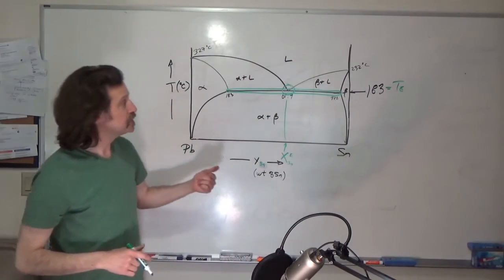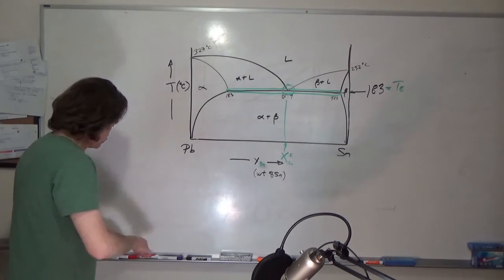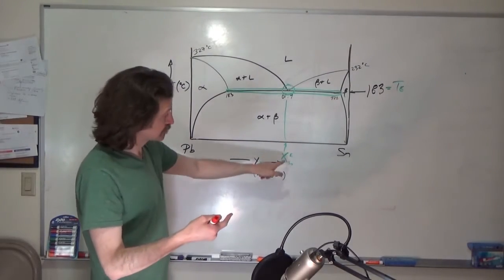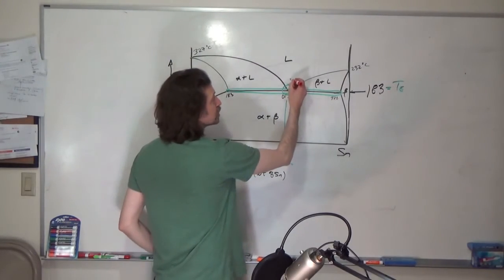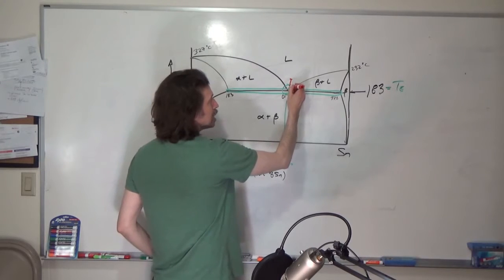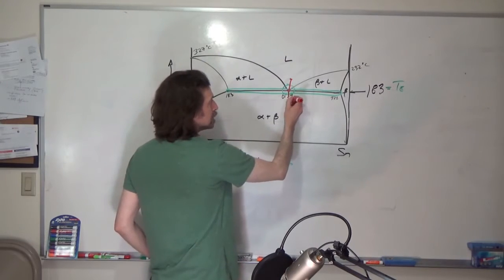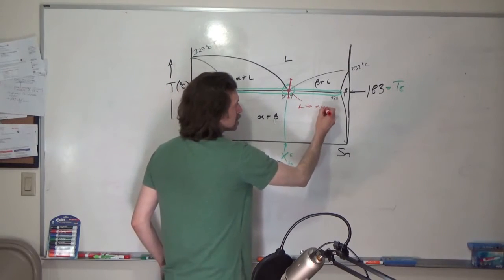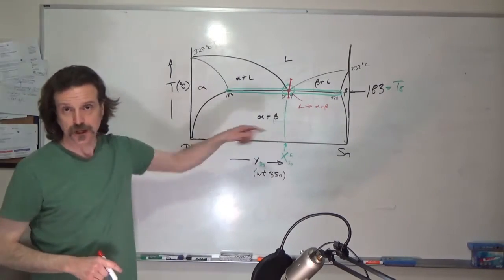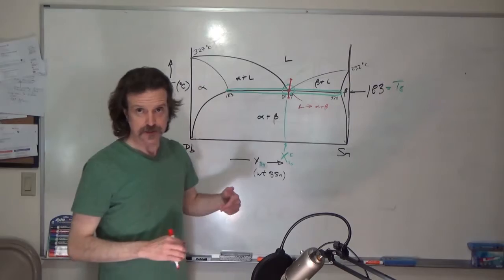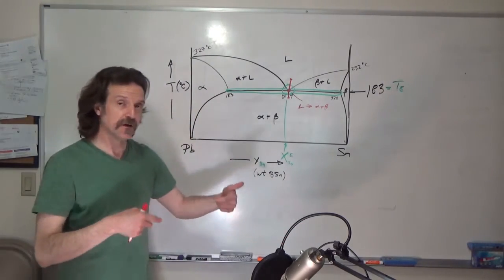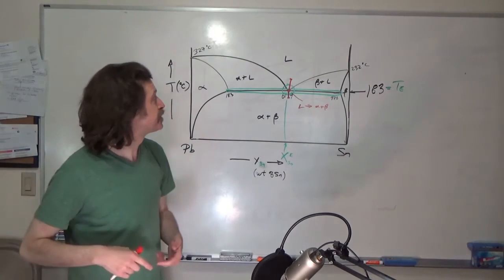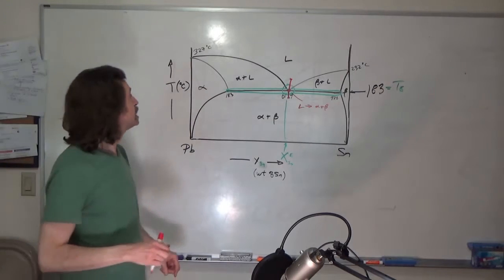And it corresponds to a particular composition where liquid transitions to two solids. And in thermodynamics, this corresponds to a very special point in our thermodynamic free energy space. So this is called a eutectic.